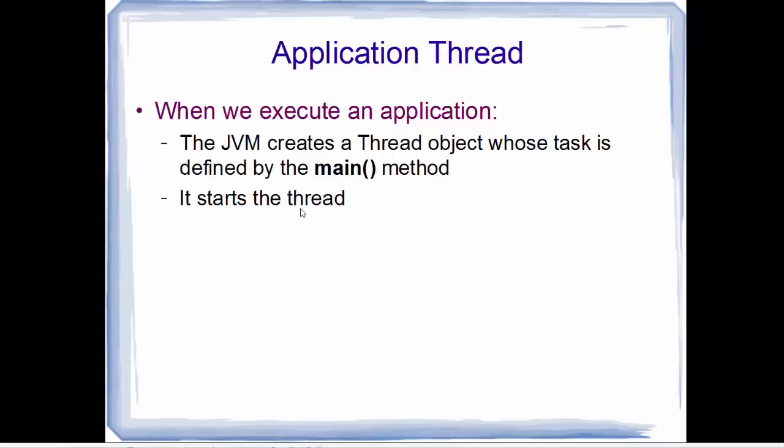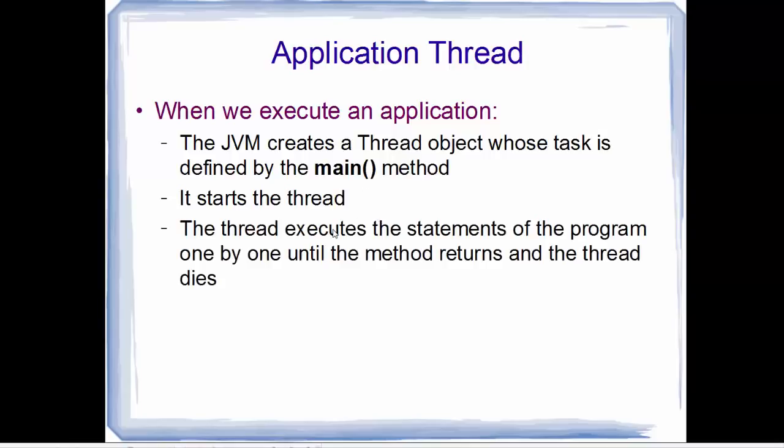As we all know, every Java program has at least one main method and only one main method. So whenever you execute this program, your JVM creates the thread whose task is to define this main method, right? Now the thread executes the statements of the program one by one until the method returns or this thread dies, right?